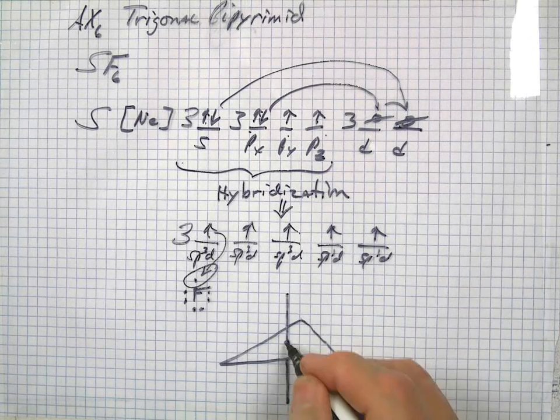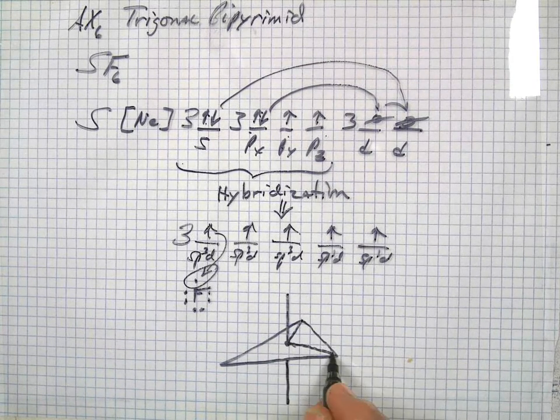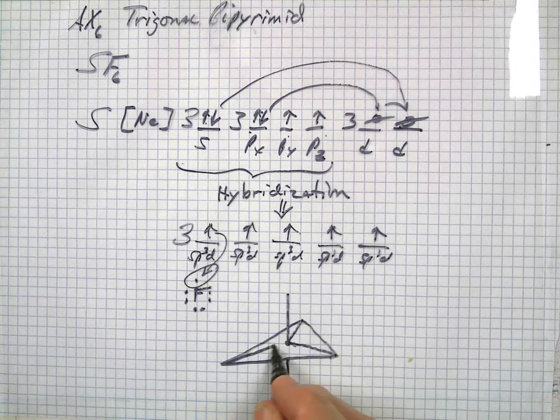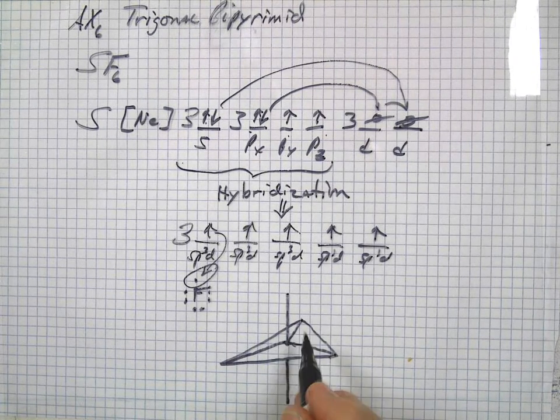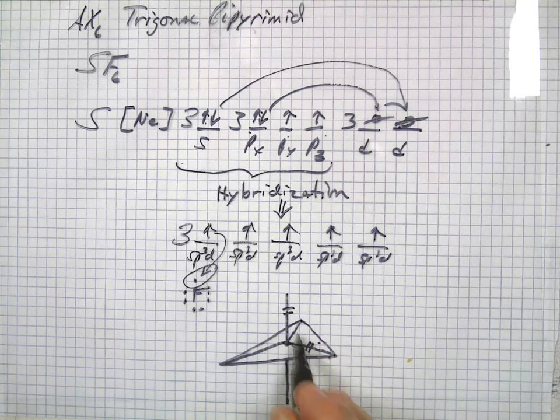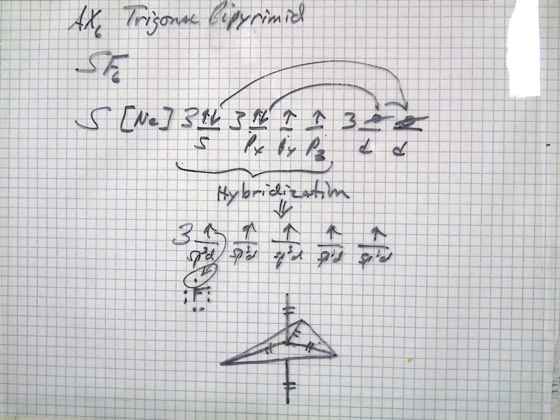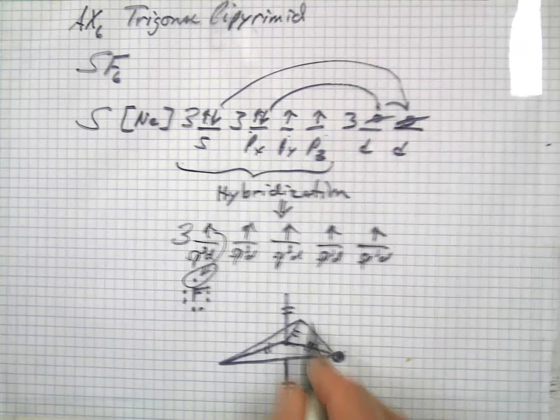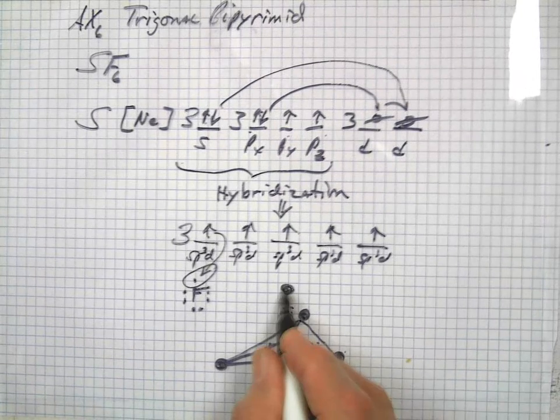And then draw lines going from the center to the points on the triangle. Those are the hybridized bonds. If you count them, there's 1, 2, 3, 4, 5. Each one of these will have a bonded pair, and they will be connected to the fluorides, and you'll have 5 fluorides or 6 fluorides.